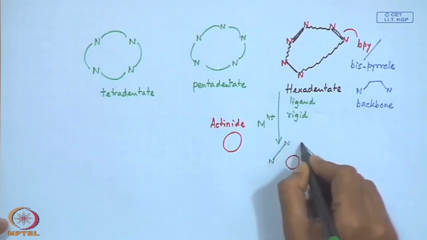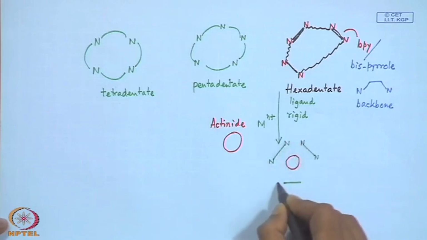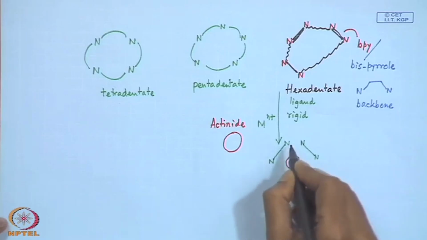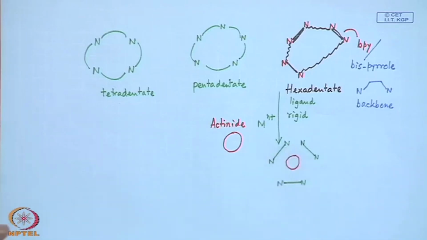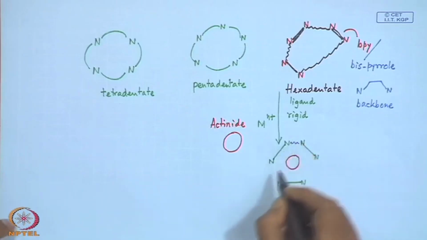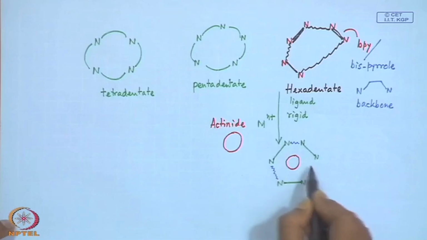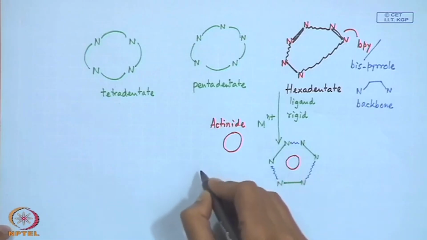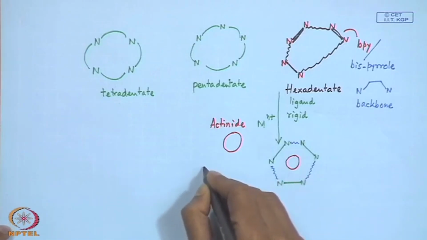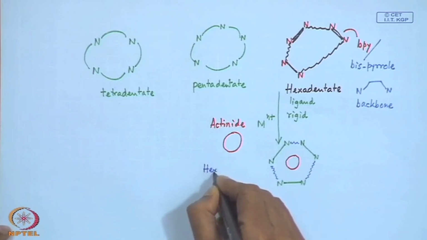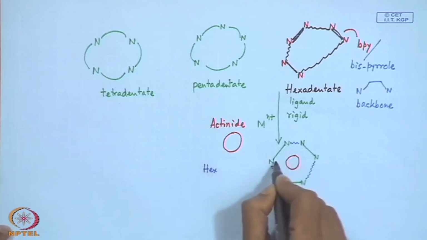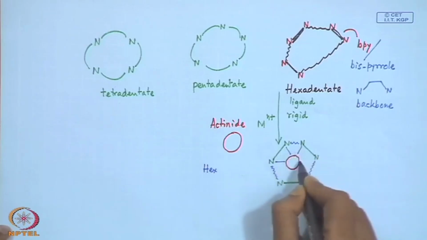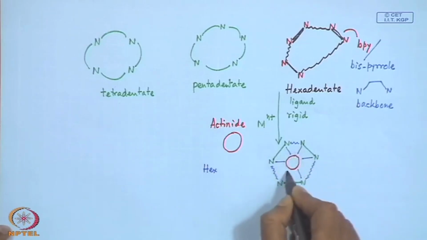So we have all 6 nitrogen atoms connected. So this gives us the coordination, because all nitrogens show coordination to the metal center.